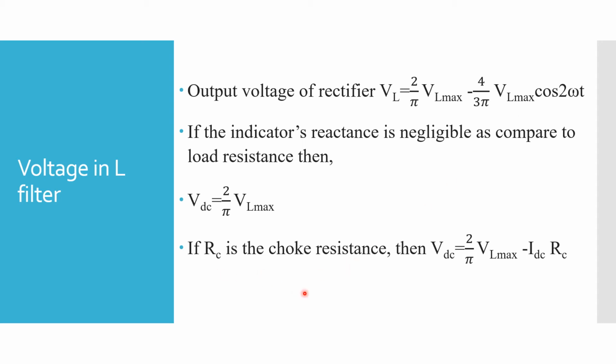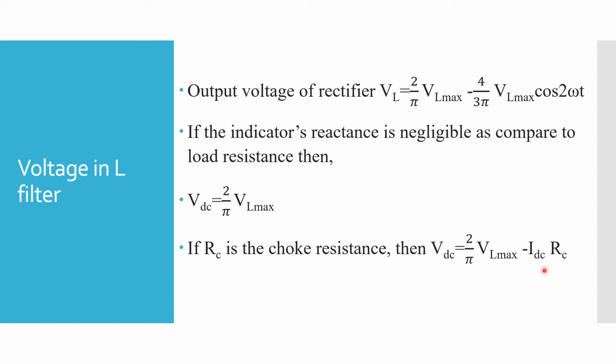If RC is the choke resistance, then this equation can be written as VDC = 2/π VL max minus IDC × RC. A filter is considered efficient if it removes ripples effectively.